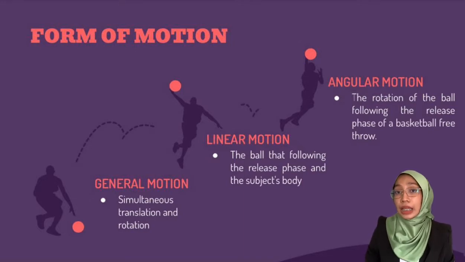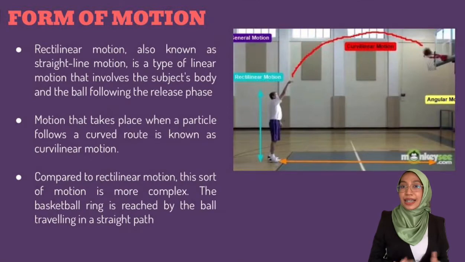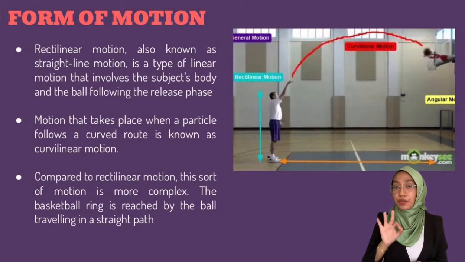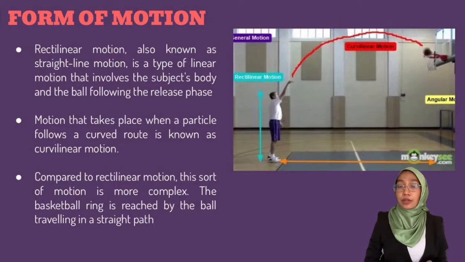Third is angular motion, which defines the rotation of the ball following the release phase of a basketball free throw. Now, as you can see, the diagram shows the relationship between the 3 motions. Rectilinear motion, also known as straight line motion, is a type of linear motion that involves the subject's body and also the ball following the release phase.